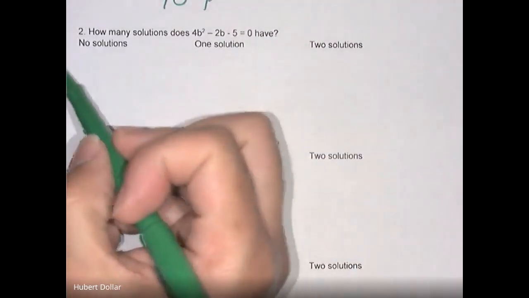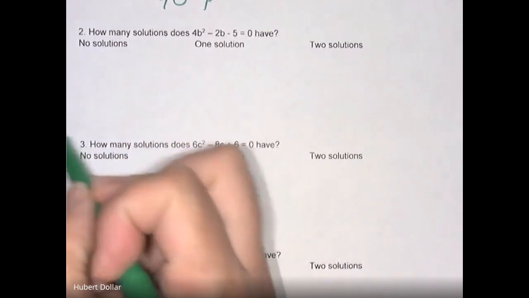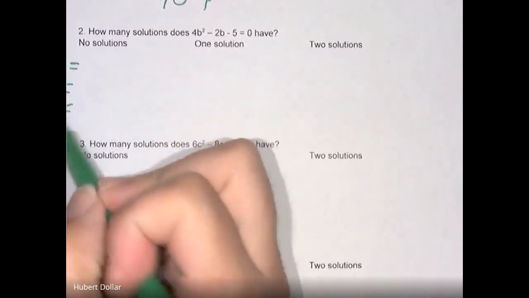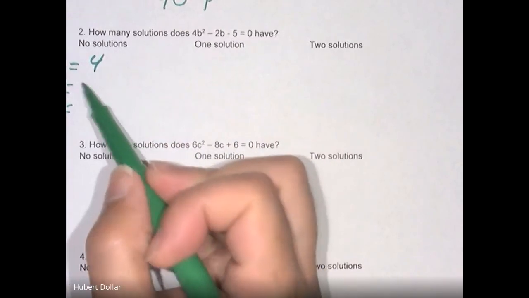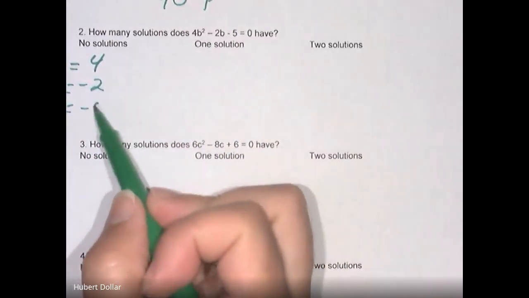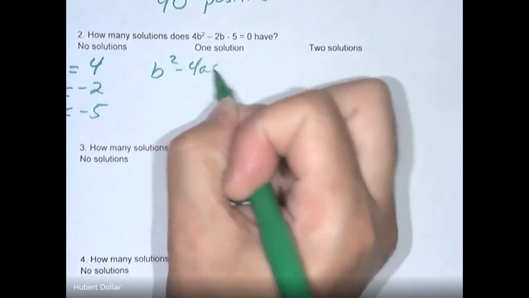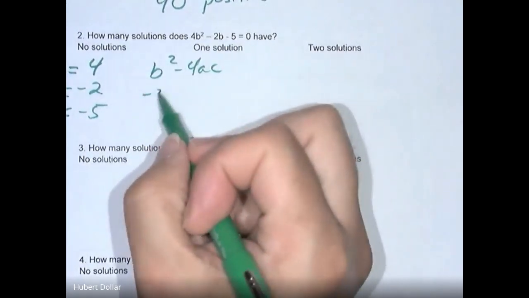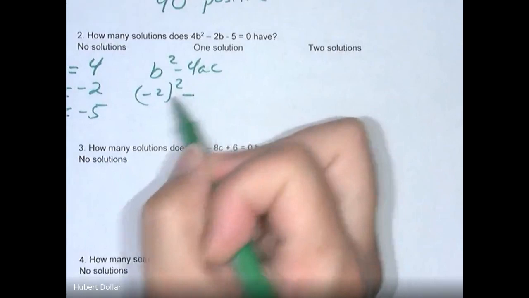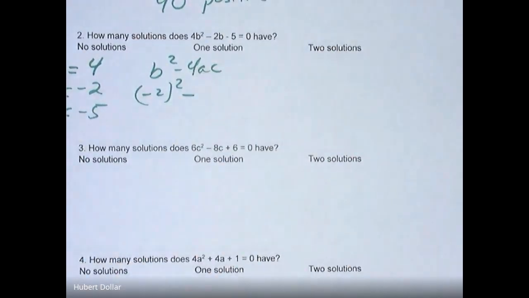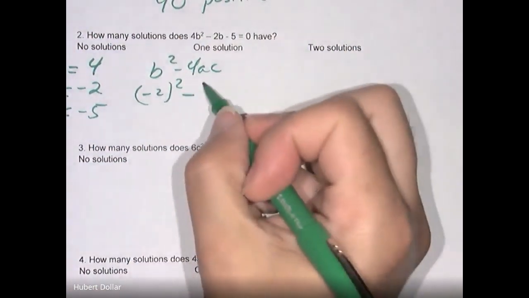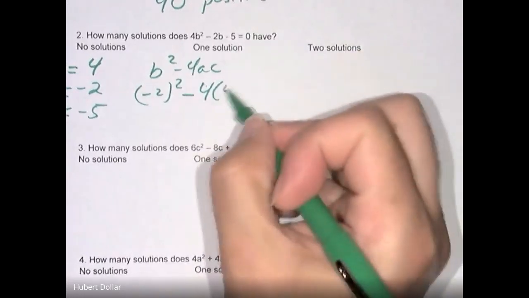Same thing for problem number 2: a, b, and c. A is 4, b is negative 2, and c is negative 5. The discriminant is b squared minus 4ac. You have a negative 2 squared. Now, when you put a negative into a calculator, you must put it in parentheses when you're squaring it so that the sign comes out correct.